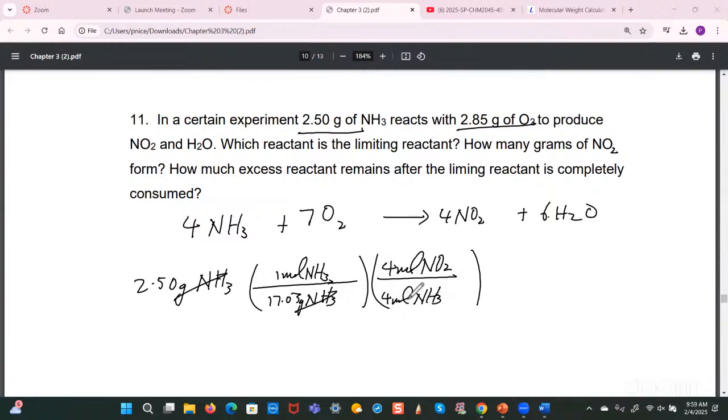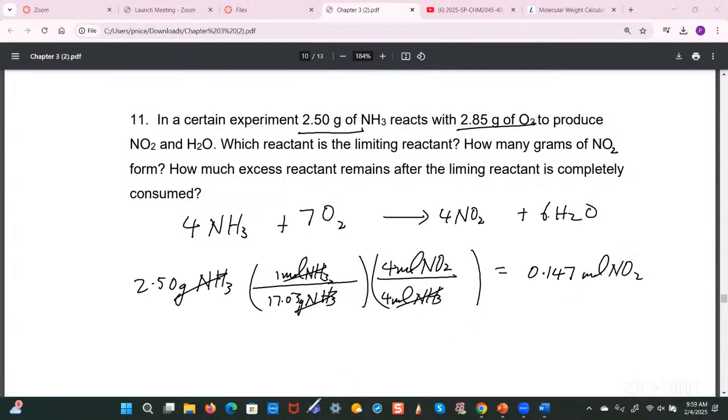Okay, so we can stop there in terms of setting this up. So let's work this out. That's 2.5 divided by 17.03 times 1 basically. According to my calculation, this gives 0.147 moles of NO2, all right?